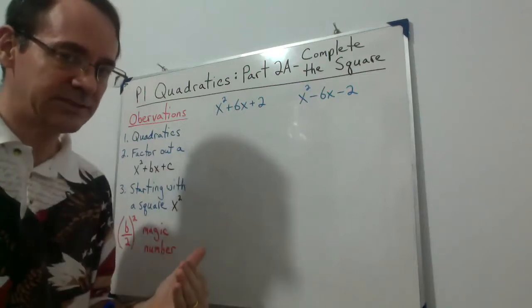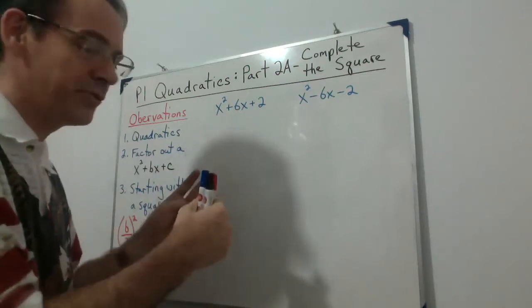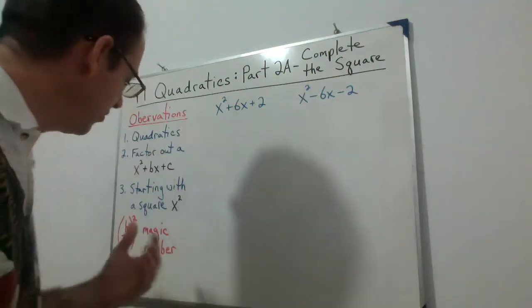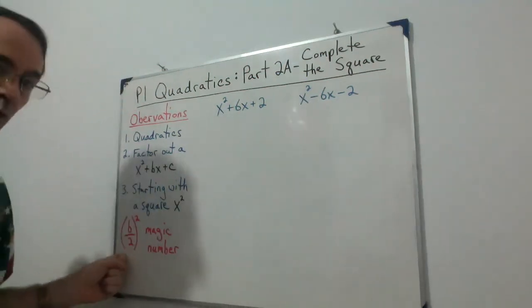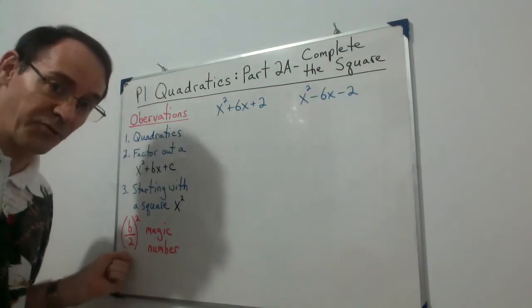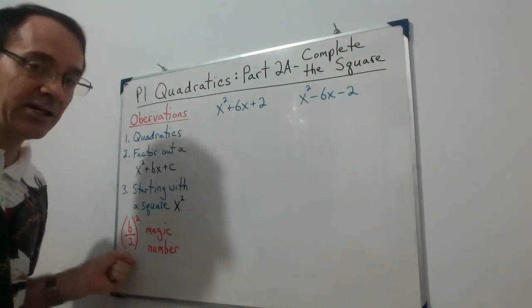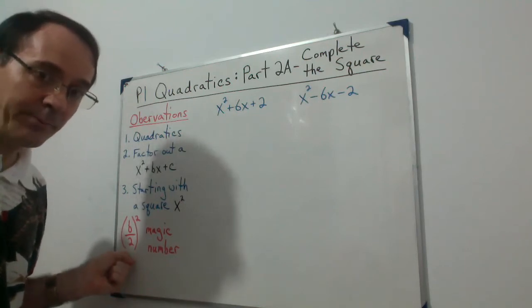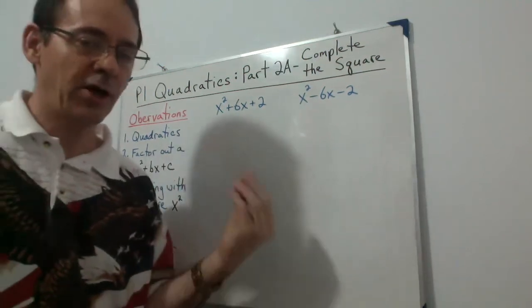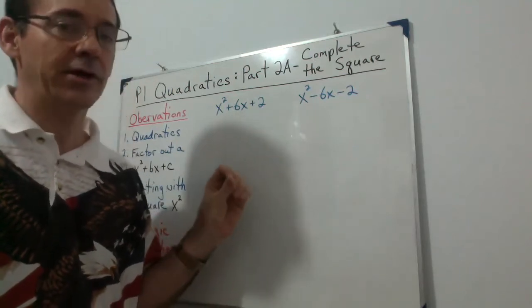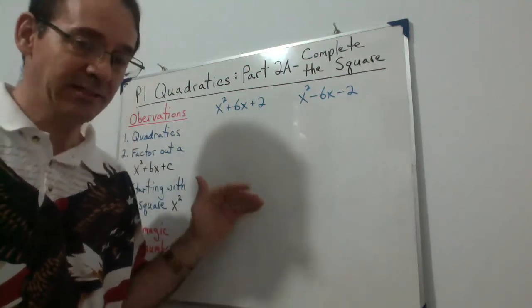In this process, not only will you be able to visualize what's going on, but you'll be able to better understand where in the world this formula comes from. And hopefully, if you understand it, you'll remember it. And if you remember it, then hopefully that will help you be more successful in the skills part where you actually have to do it.